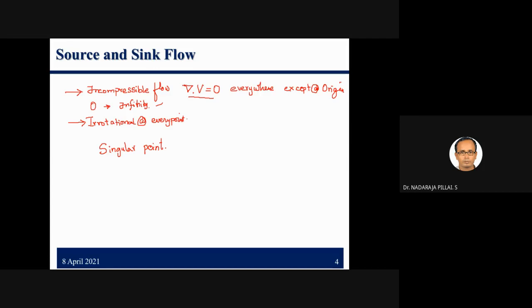Now, let us look more closely at the velocity field that is induced by a source or sink.